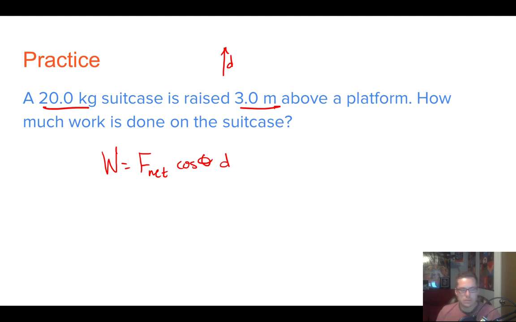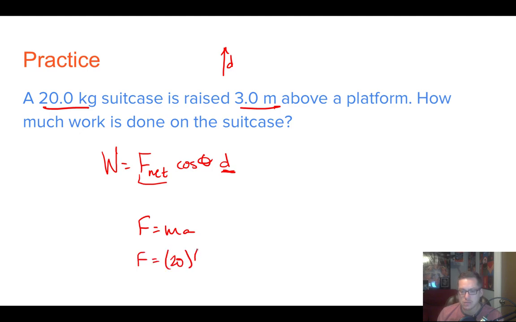So we have a 20-kilogram suitcase, and it's being raised 3 meters above a platform. Let's think about what needs to be going on here. We know that we have the displacement portion, but we need to find the net force. We know that the force is equal to the mass times the acceleration. The mass is 20 kilograms, so our F is equal to 20 times the acceleration.